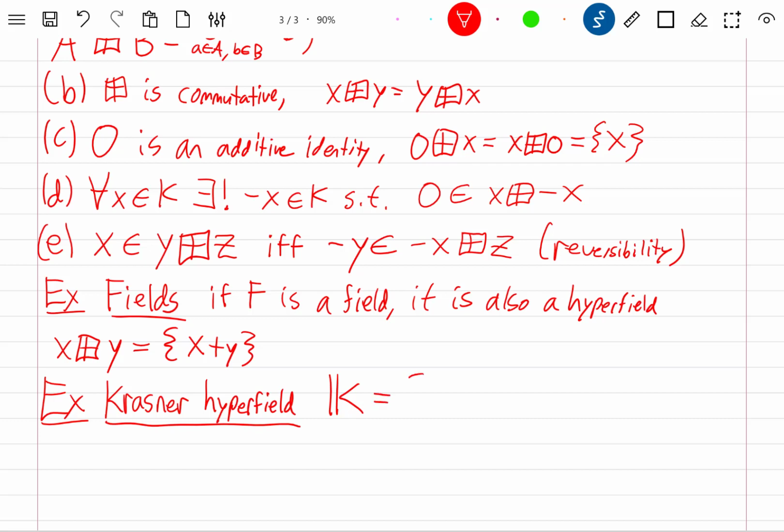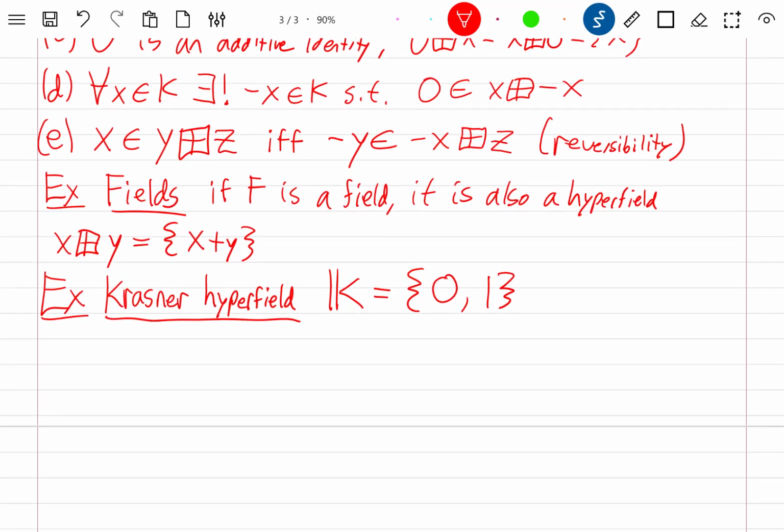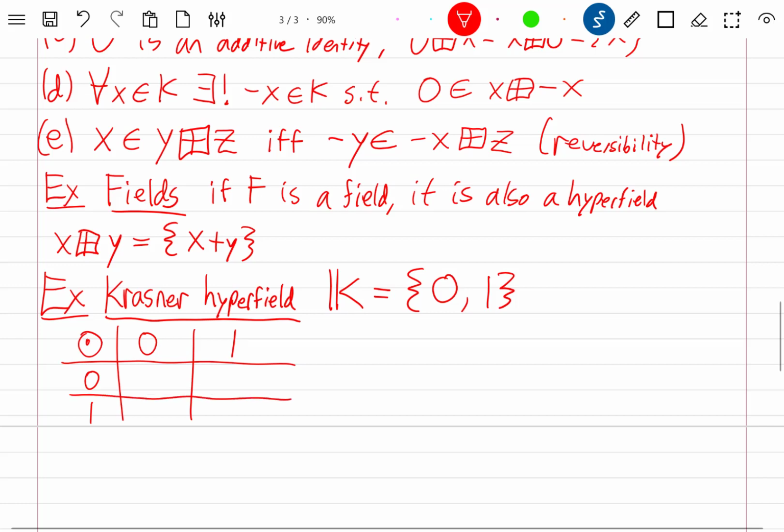As a set, it contains two elements, 0 and 1. And we can think about how things must act. So I could make some multiplication tables. If I have to multiply two things, well, 0 times anything has to be 0, 1 times 1 has to be 1, so our multiplication's forced here.